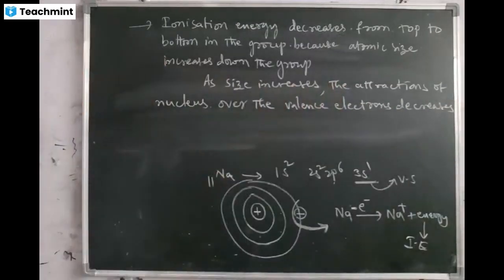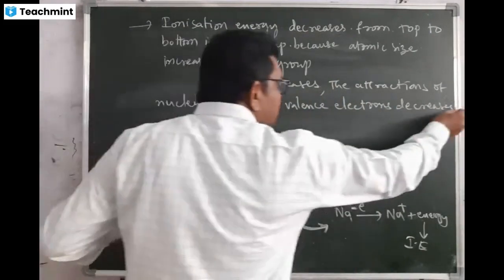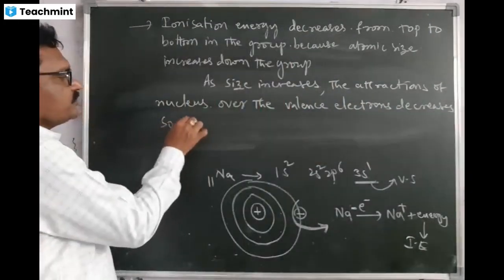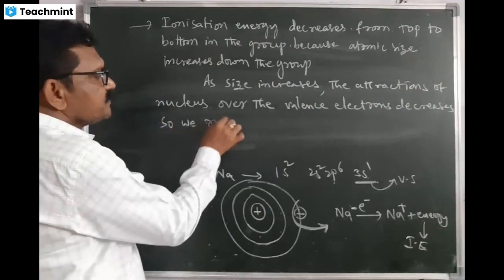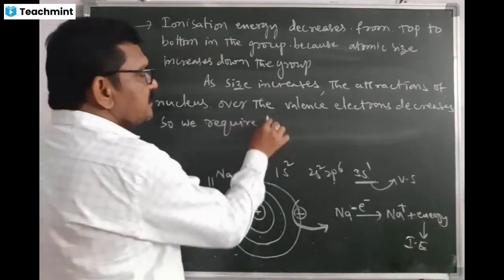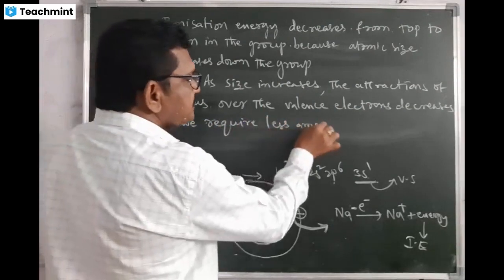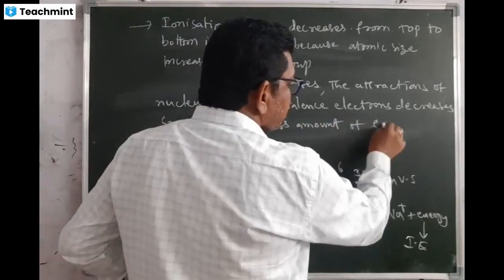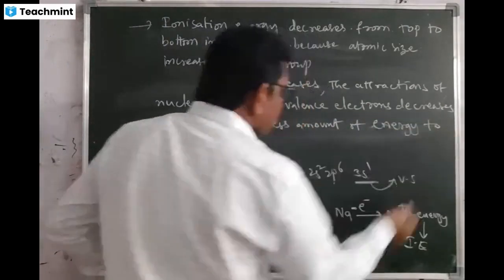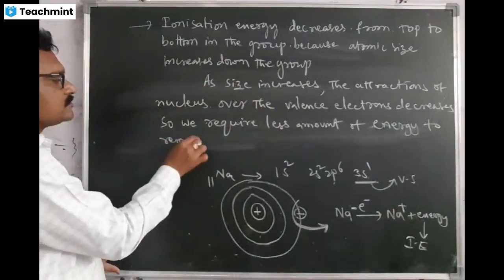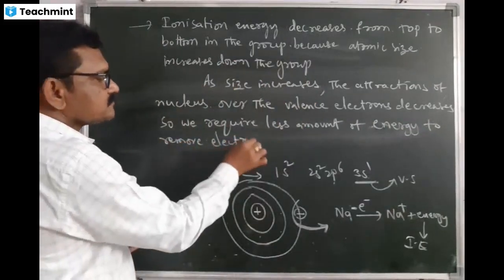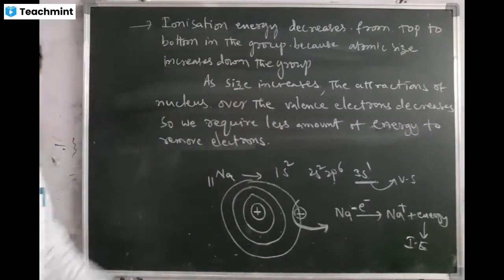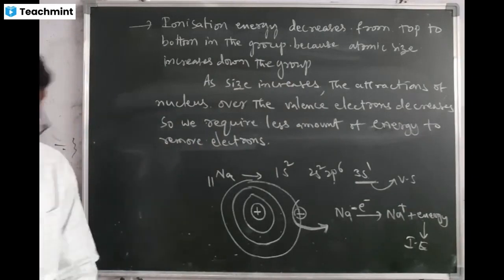So we require less amount of energy to remove electrons. This is the reason why ionization energy gradually decreases down the group.